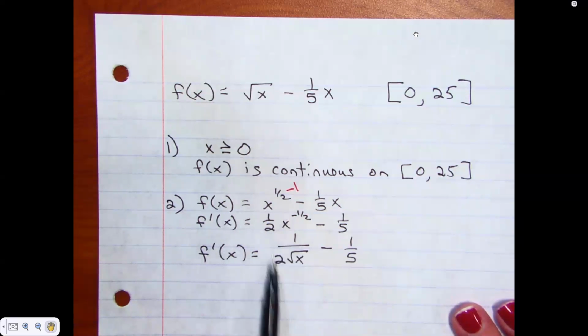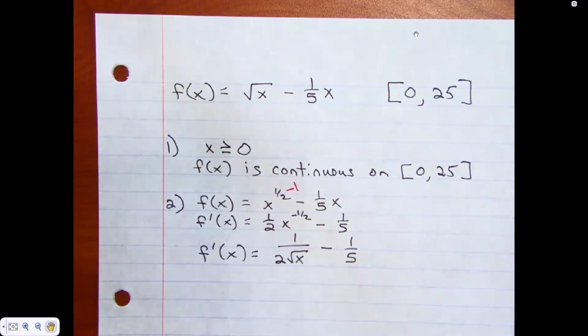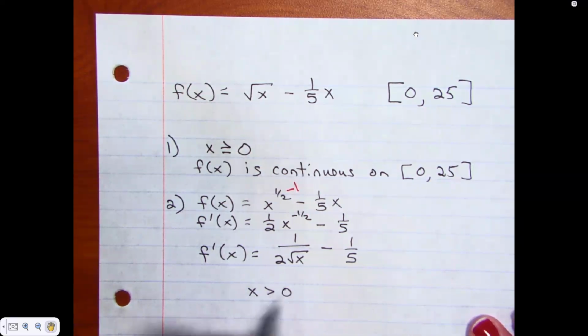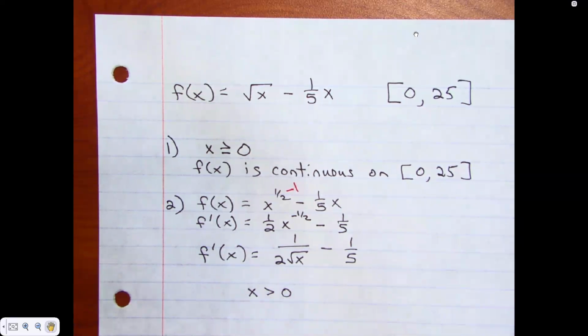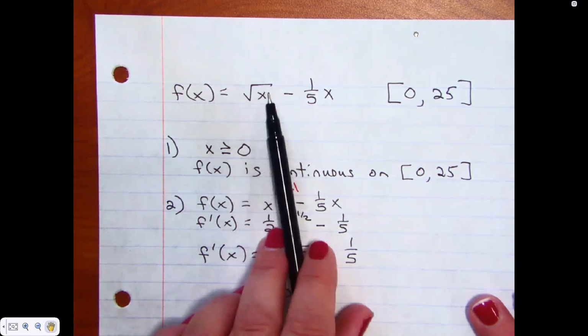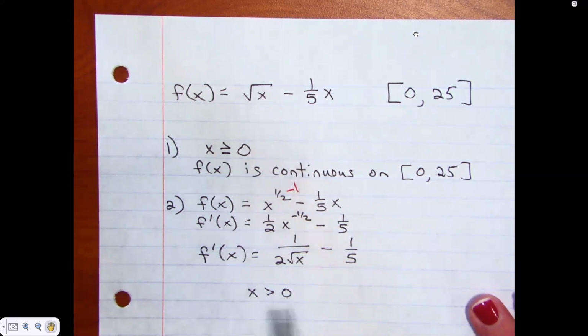Once we write it like this, though, what's a problem? x has to be greater than 0. So we have to take into consideration we can't have any negatives, but can it be 0? We see how 0 would cause a problem as well. Up here, 0 does not cause a problem. Down here, 0 causes a problem.